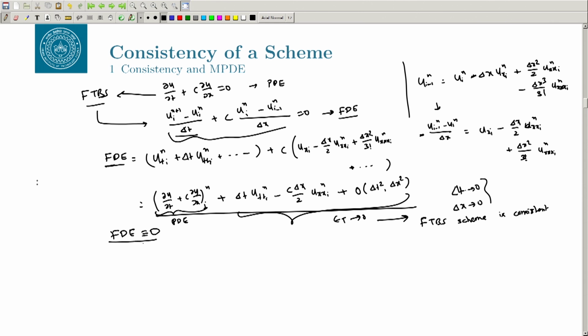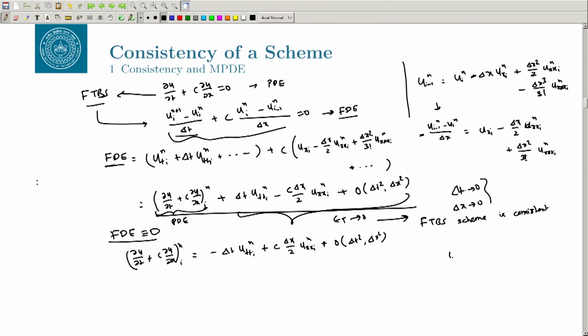That means you can write del u by del t plus c del u by del x at i n will be equal to minus delta t u t t i n plus c delta x by 2 u x x i n plus order delta t square, delta x square.